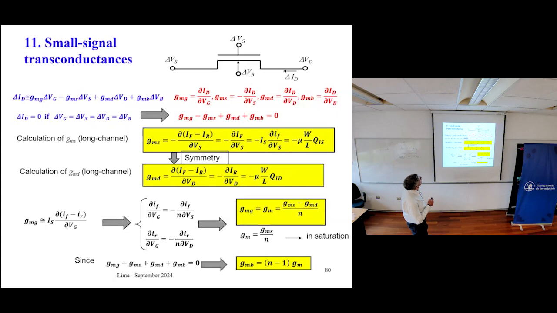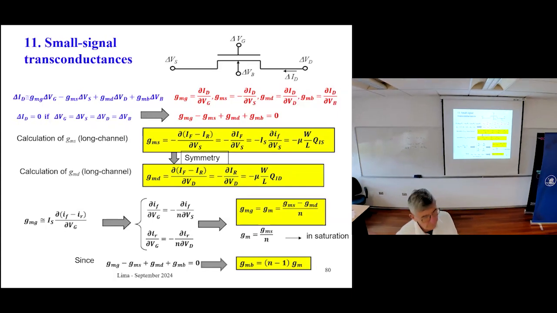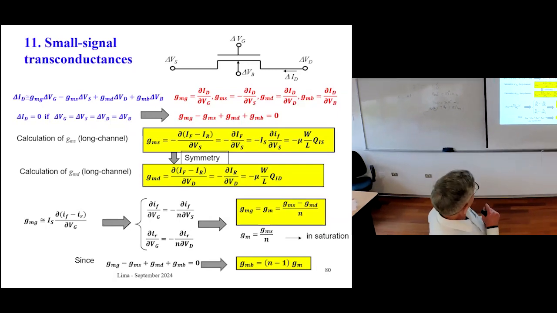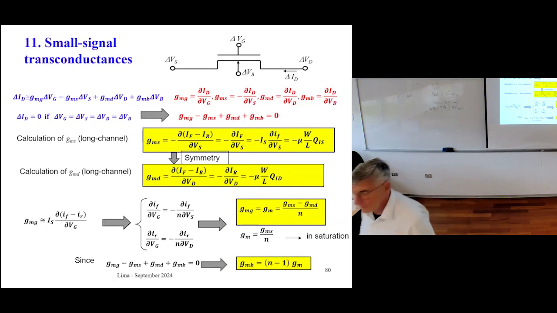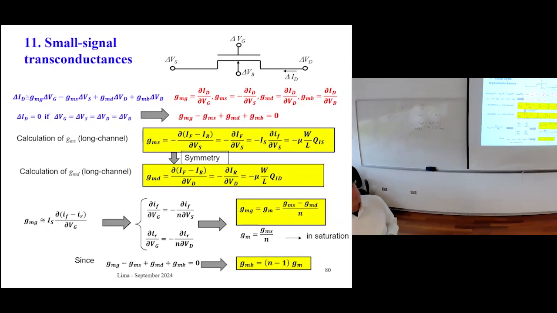The first one is GMG, the transconductance associated with the gate. What's this transconductance? It represents the derivative of the drain current with respect to the gate voltage. This is like the GM of the bipolar. GM of the bipolar, what is it?